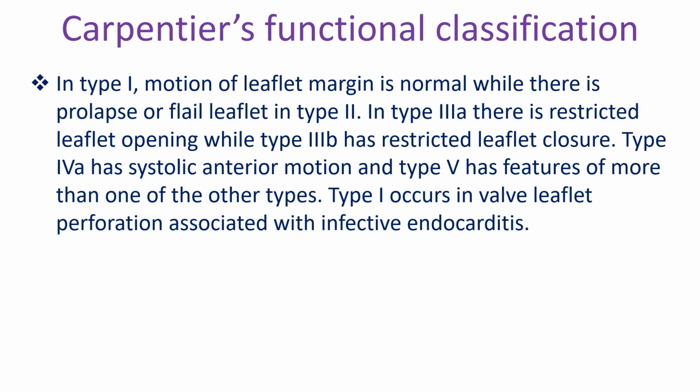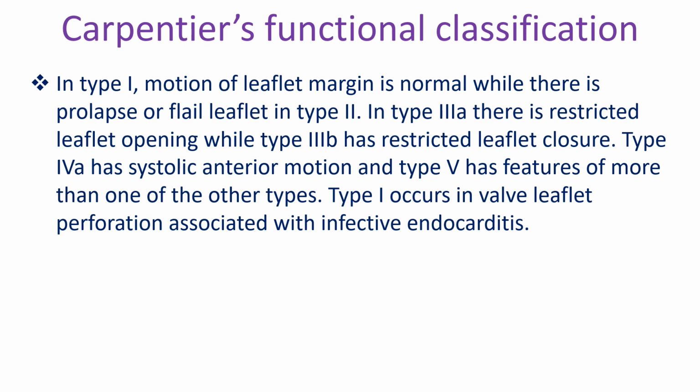In type 1, motion of leaflet margin is normal, while there is prolapse or flail leaflet in type 2. In type 3A, there is restricted leaflet opening, while type 3B has restricted leaflet closure. Type 4A has systolic anterior motion and type 5 has features of more than one of the other types.